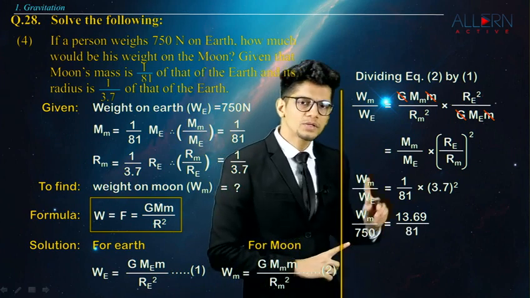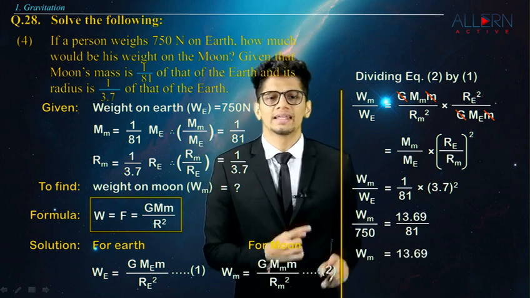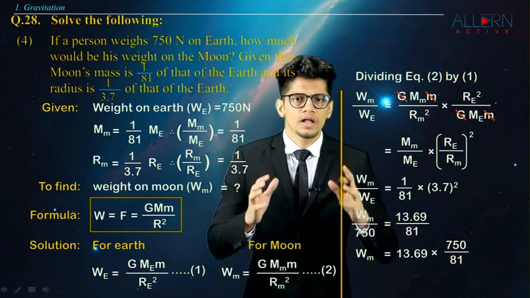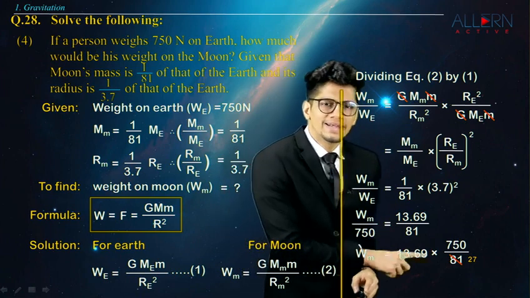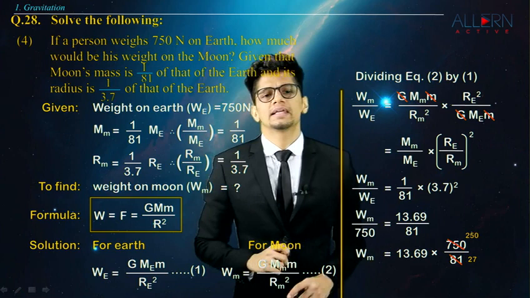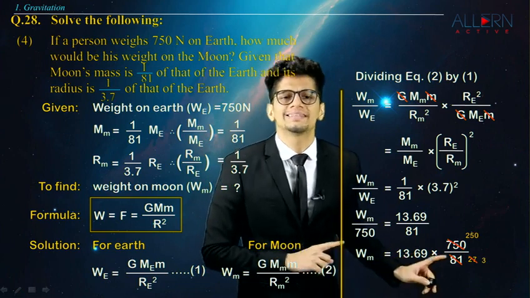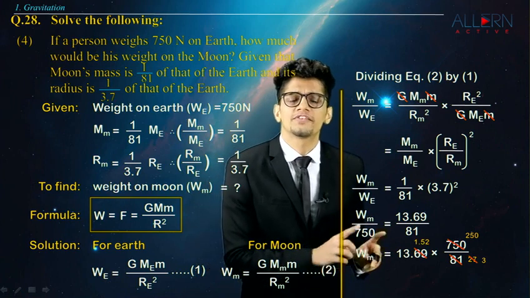Shift 750 to the right hand side. So we get W_m is equal to 13.69 into 750 upon 81. Now we start calculating this. Here, 3 into 27 is 81 and 3 into 250 is 750. Again, if we calculate this, 9 3s are 27, and over here what we obtain is 1.52.